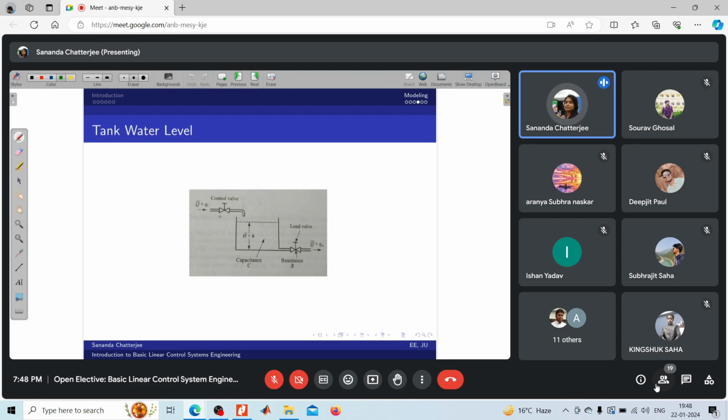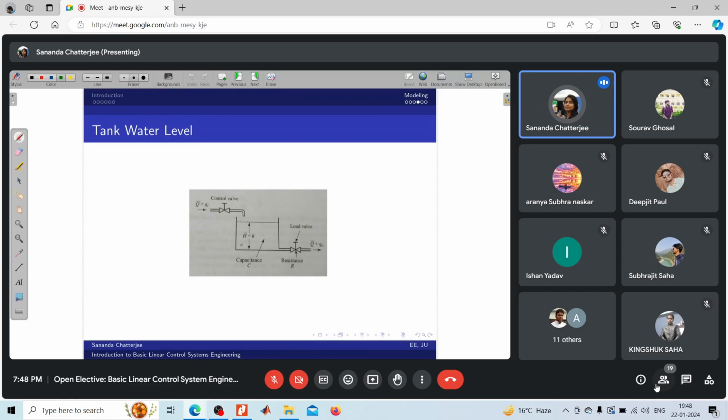So that particular flow is there. By controlling this valve, we are changing this Qi. So this Qi plus Q bar is the input to the tank. And for that, the present height of the water level is H bar plus small h.